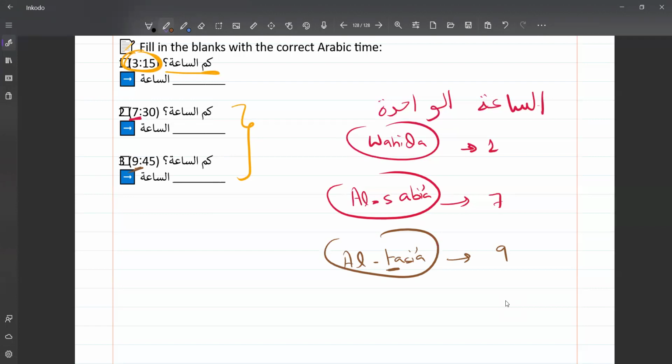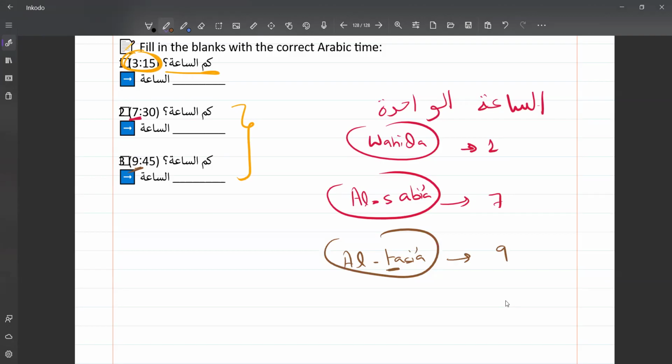Similarly, if you want to say the number 2 while telling time, you will say as-saniya. We have studied the number 2 previously, right? If you want to say 3, you will say as-salisa. If you want to say 4, ar-rabi'a. If you want to say 5, you will say al-khamisa.